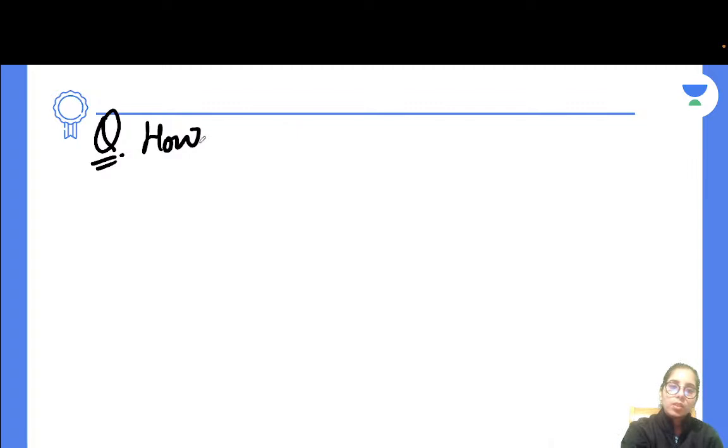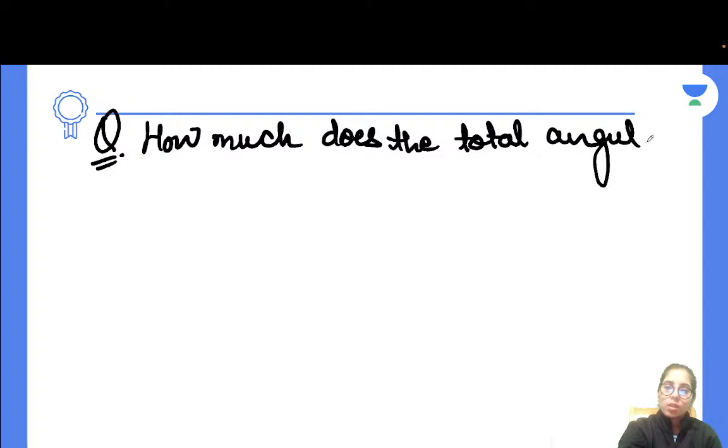How much does the total angular momentum quantum.